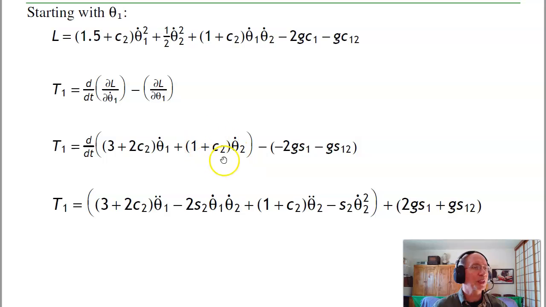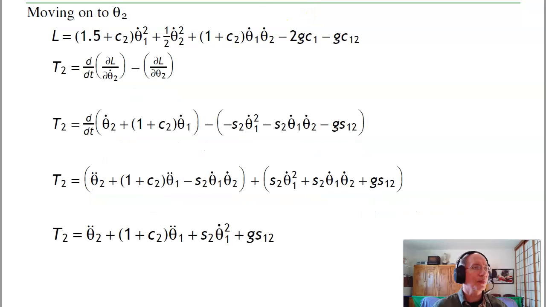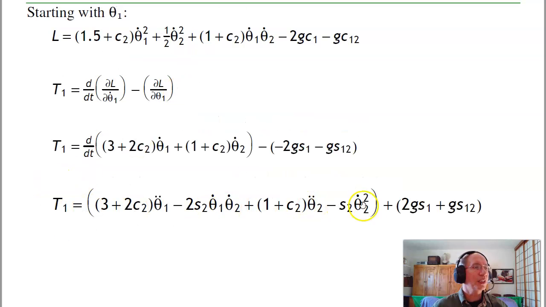Derivative with respect to the first term gives you minus sine theta 2 dot times theta 2 dot, which gives you theta 2 dot squared. Plus the gravity terms. Okay, so there's the first term. That's the first set of dynamics.